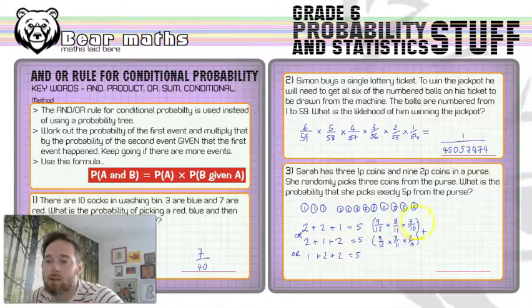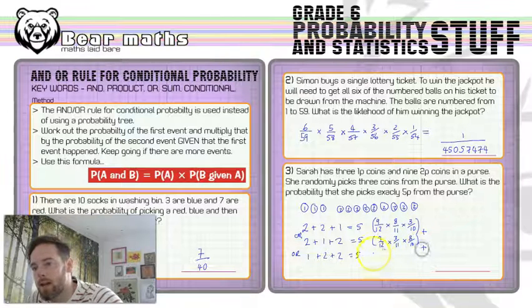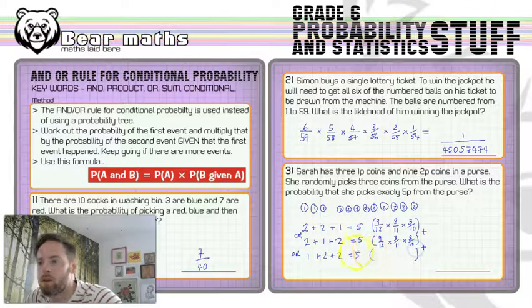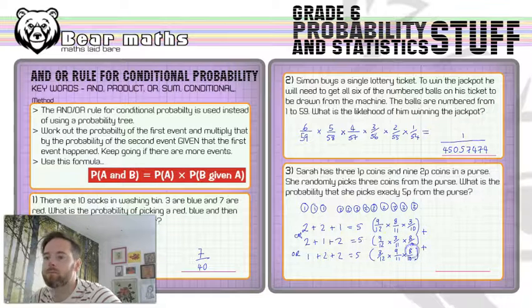So it's still going to give us the same result, it's just a slightly different way of doing it. And then we've got this other way of doing it as well, so we've got 3 out of 12 this time. Then we're going to multiply by something out of 11 and something out of 10. You can just pop those there because we know that's what the bottom numbers are going to be. We've got 9 of those and we've got 8 of those.